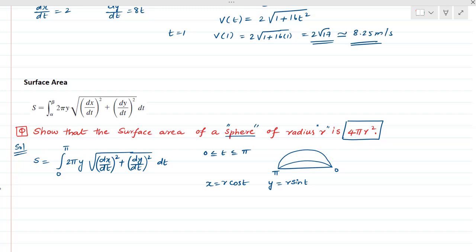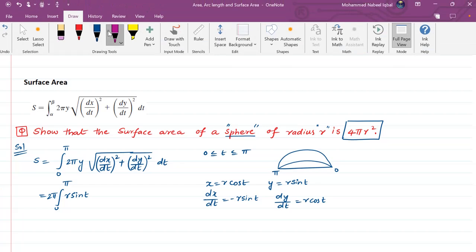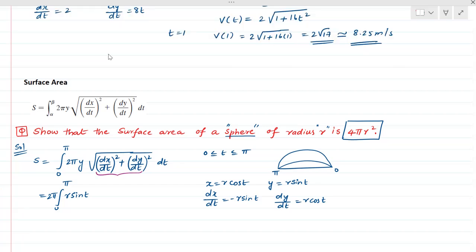Now when you differentiate this with respect to t, what happens? You will get dx over dt equals minus r sine t, and dy over dt equals r cosine t. Now when I substitute, 2 pi is a constant, take it outside of the integral. Y, I have to write as r sine t. It is better to calculate this part separately and after that substitute.